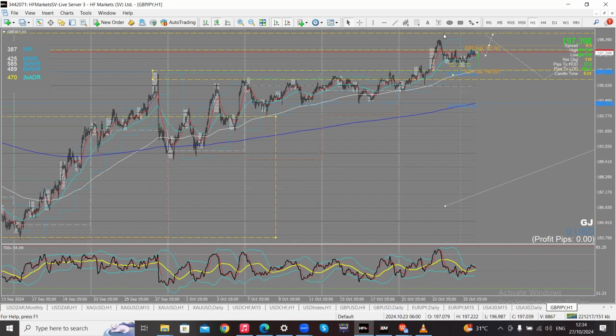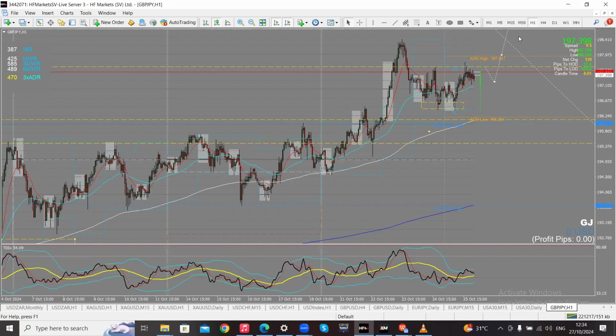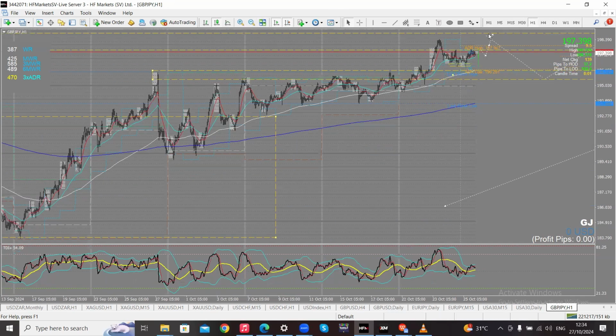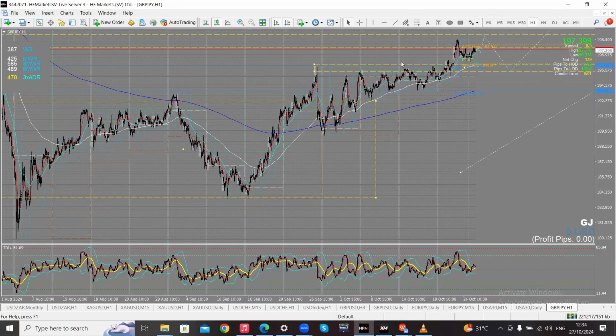We would likely target these previous highs. And again, as we target these previous highs, there would be a potential move to then come into this area so that we can change the momentum here.